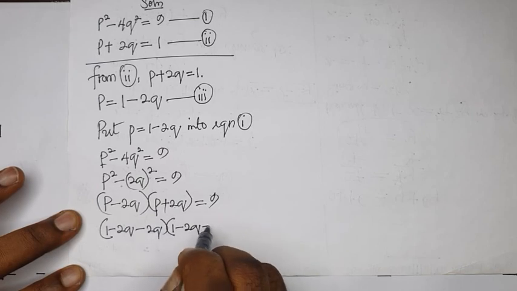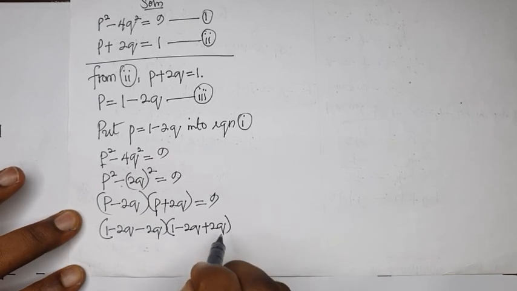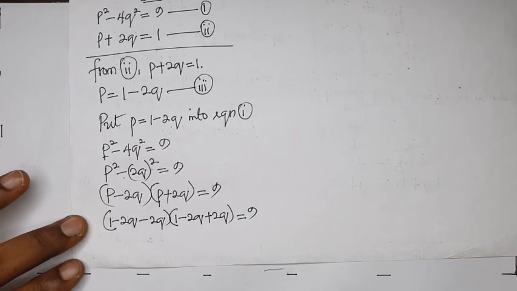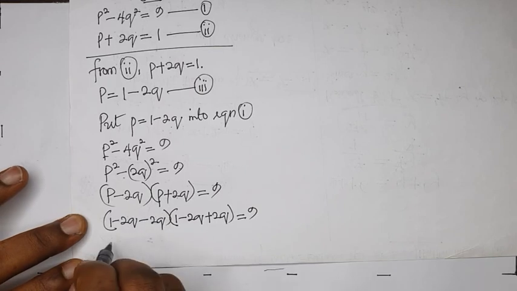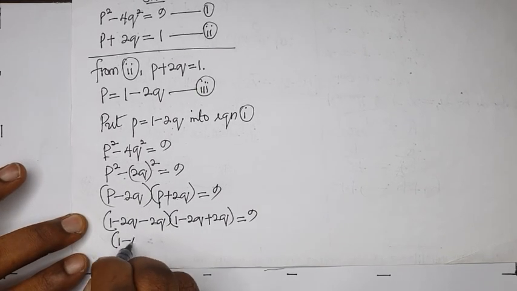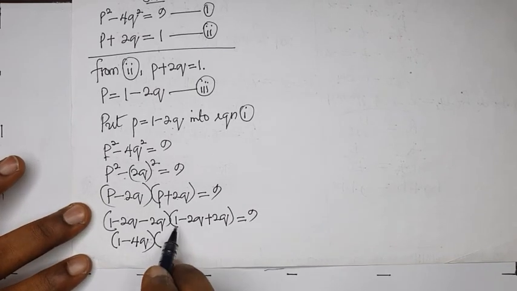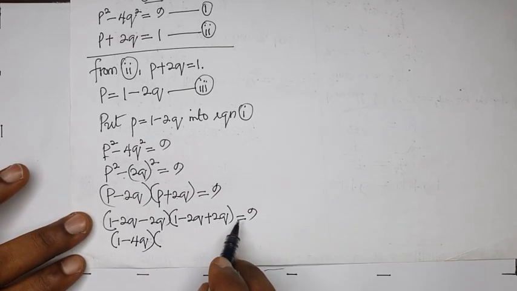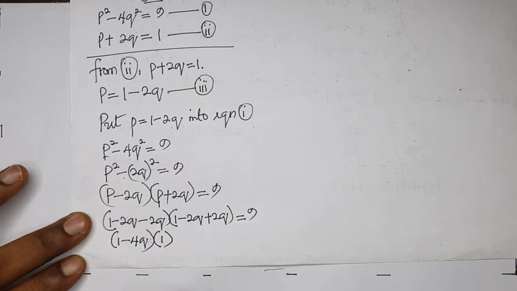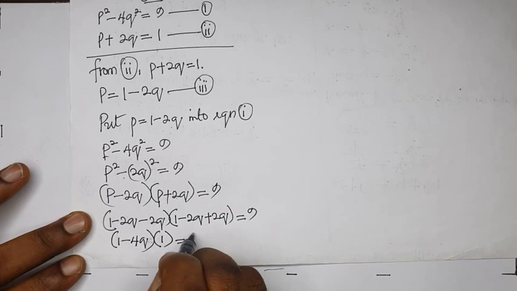This time in the bracket we have plus 2q, close the bracket, all is equal to 9. Alright, let's simplify. 1 minus 2q minus 2q will be the same thing as 1 minus 4q in one bracket. Open the next. 1 minus 2q plus 2q leaves us with just 1. So everything is equal to 9.